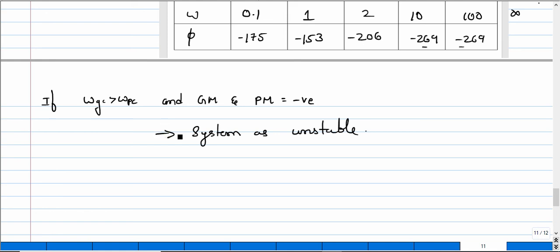So this is the procedure to draw the Bode plot as well as to comment on stability. We may get 3 statuses: it could be stable, unstable, or marginally stable. Okay, let me wind up my session here.